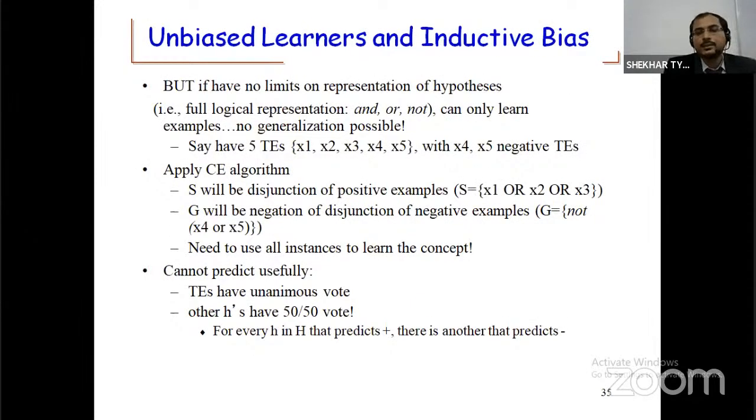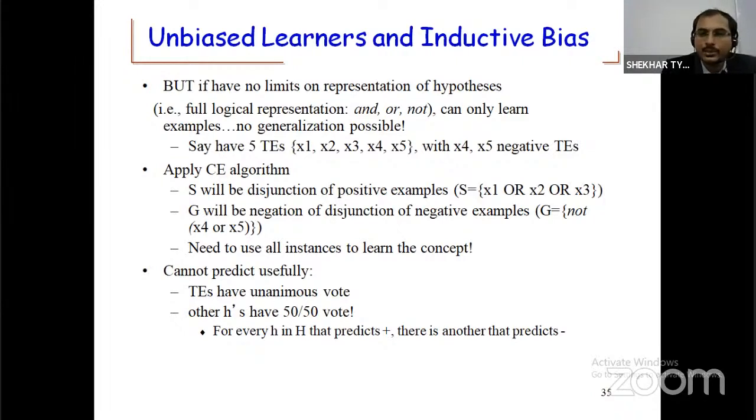Unbiased learners and inductive bias are very important things. We can plot Boolean functions with the help of these unbiased learning tasks. It means we apply the training examples so that there is no limitation on the representation of hypotheses.